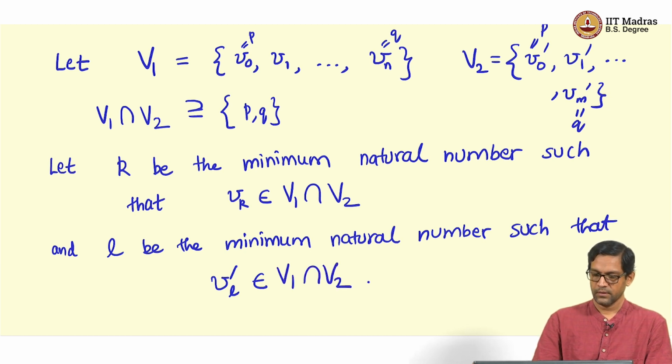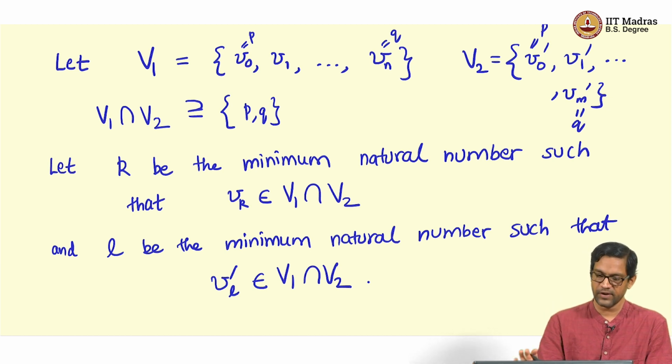And observe that these exist because for sure, k equal to n and L equal to m are two candidates: the nth vertex of the first path and the mth vertex of the second path are both in the intersection.